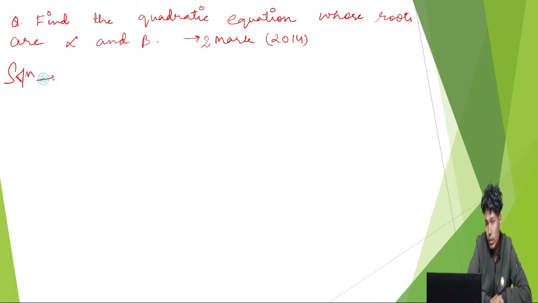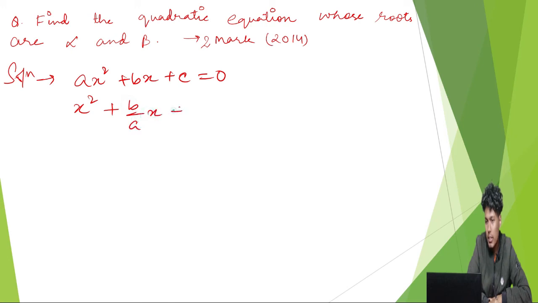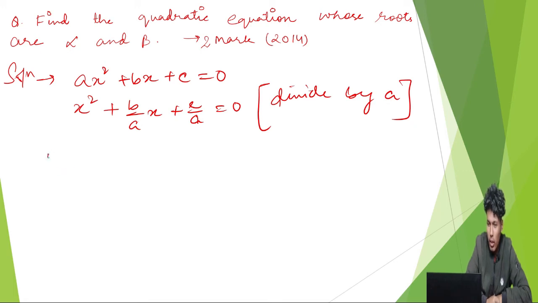Solution. Directly, ax square plus bx plus c equal to 0, divide by a: x square plus b by a x plus c by a equal to 0. Alpha plus beta is equal to minus b by a, and alpha into beta is equal to c by a.